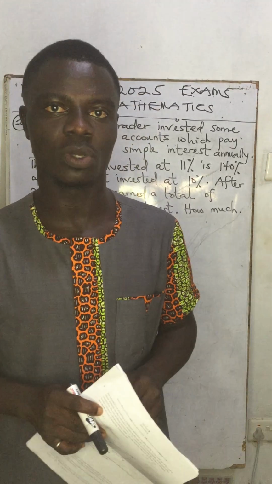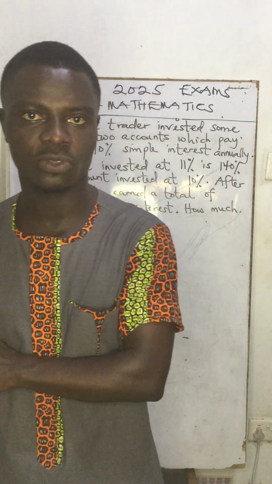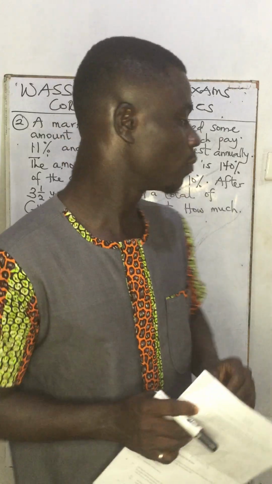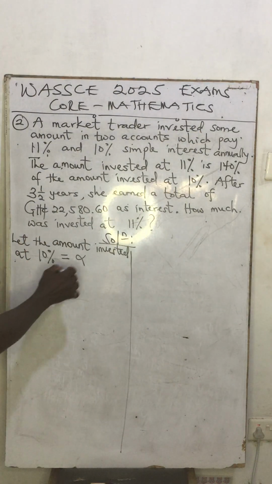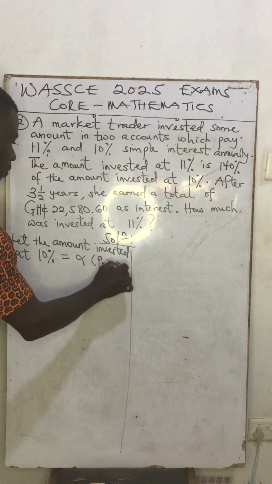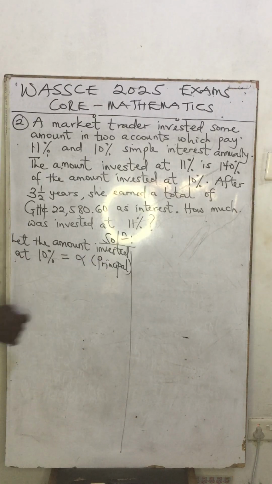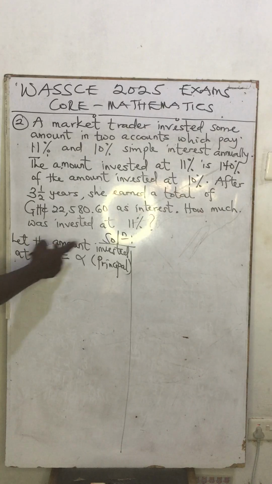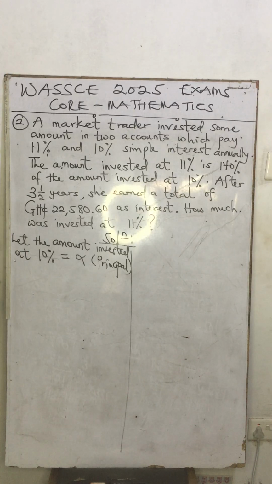When they give you the time in months, you change that to years. So that's how we are going to calculate it. This is the principal given. So let the amount invested at 10% be equal to alpha, which is the principal.